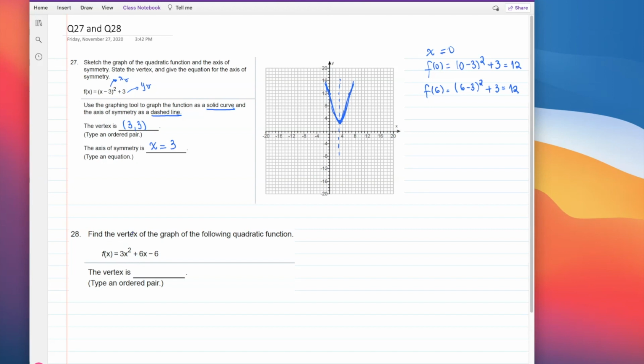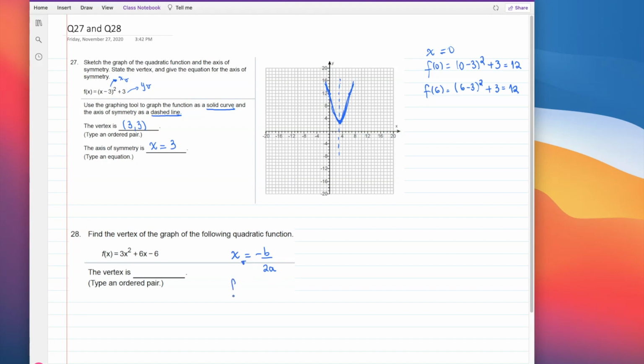Here, I don't have a vertex form, but it is in standard form. And they ask you to find only the vertex for this graph. When you have a standard form, you're going to use negative b divided by 2a to find the x of the vertex.